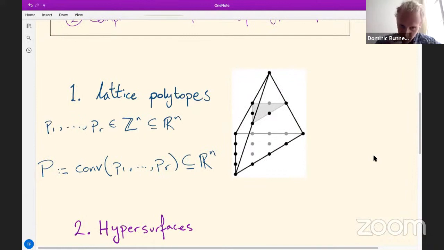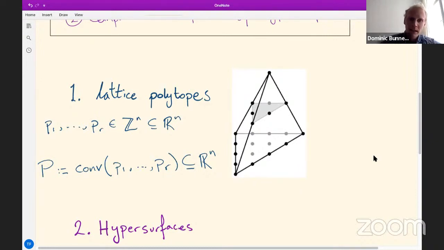This will be familiar to most of you. A lattice polytope is taken as follows. For today, we take r points inside Z^n, the standard lattice inside R^n, and we consider the convex hull of these points.